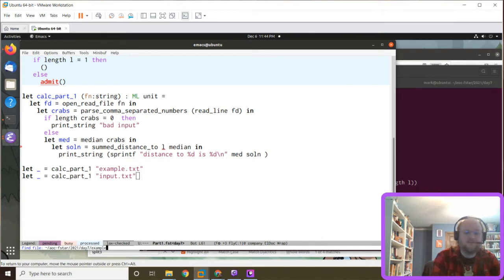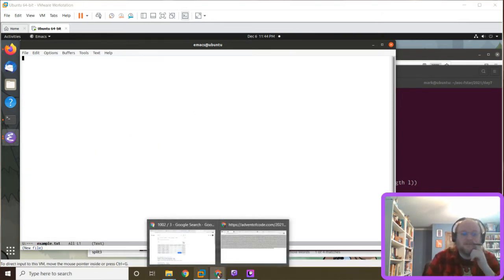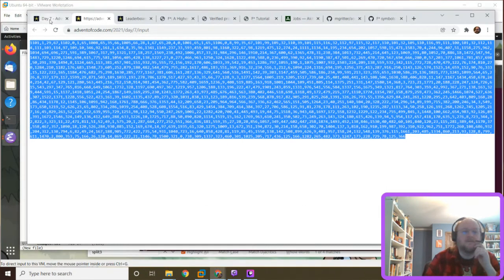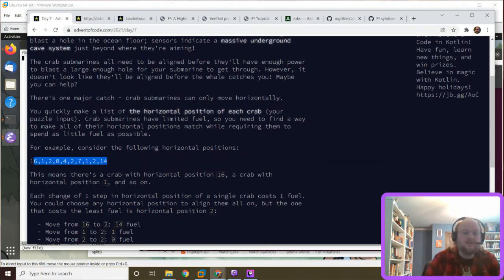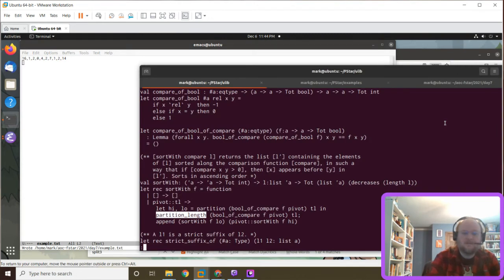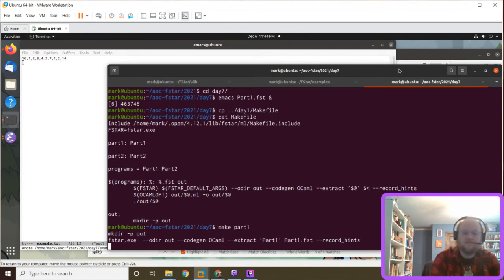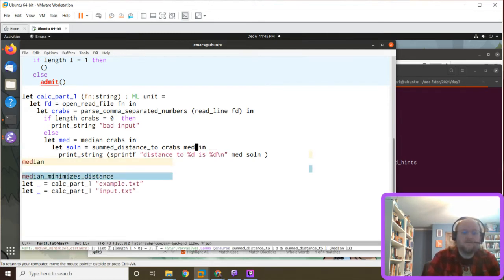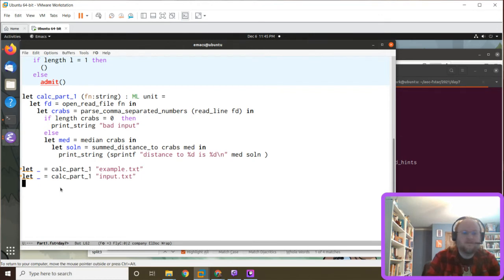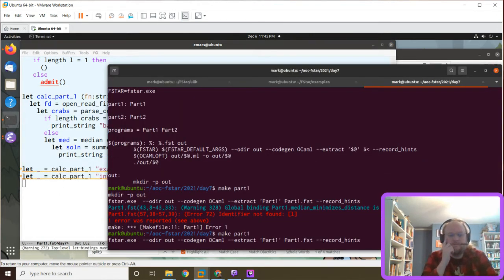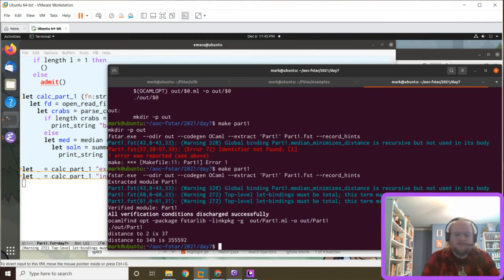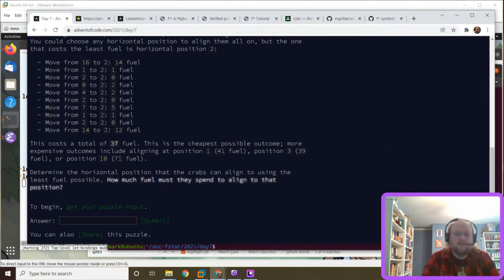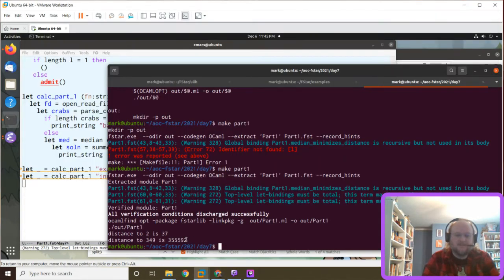All right, what's the example input? Sample input is that. All right, the sample problem matches.